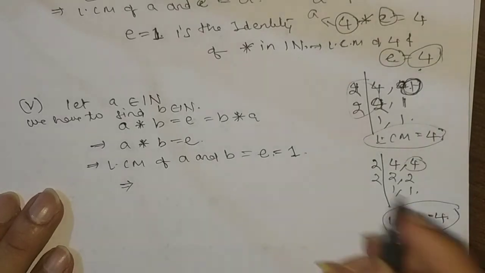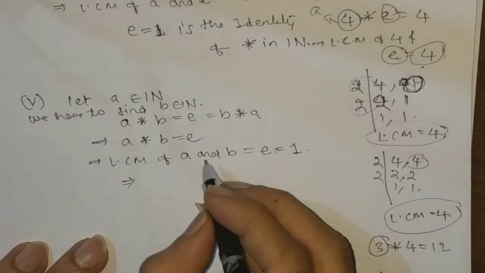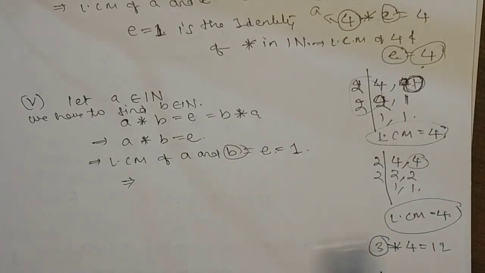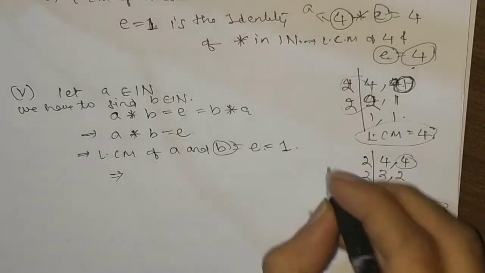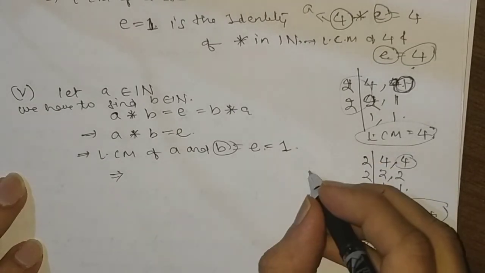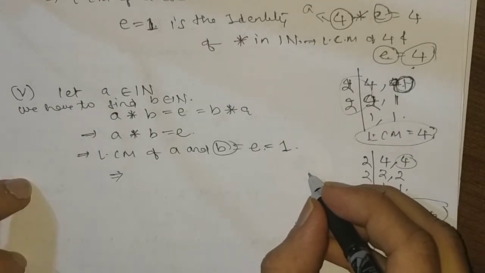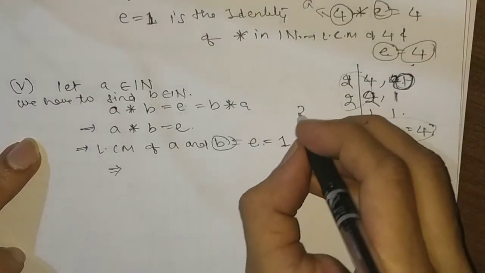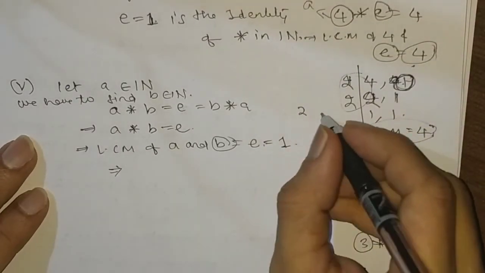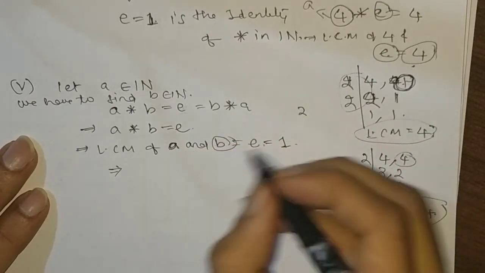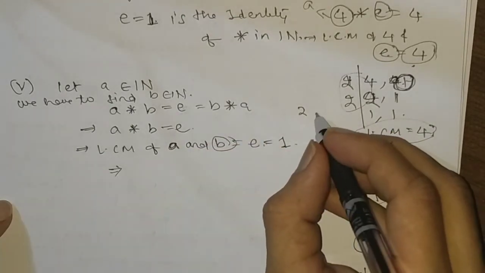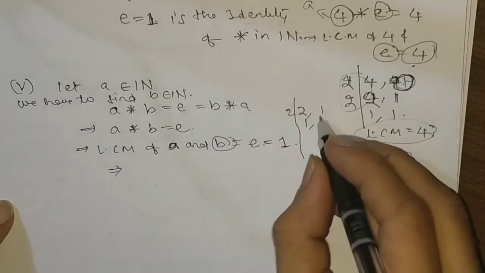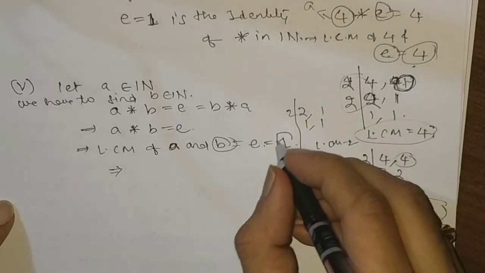So if you take any number A, what will be B such that the LCM of A and B is 1? One thing you have to observe here: if you take A equal to any number which is greater than 1, let us say 2, and check the LCM of 2 and any number, let us take 1, what will you get? 2 1s are 2, 1 as it is, so the LCM will be 2, which is greater than 1, right?